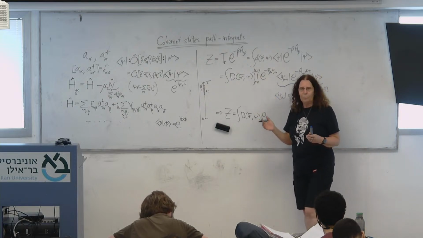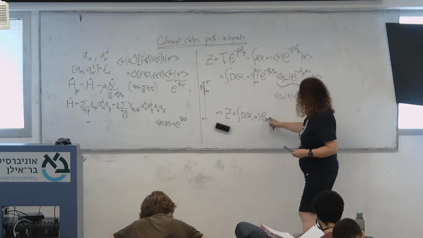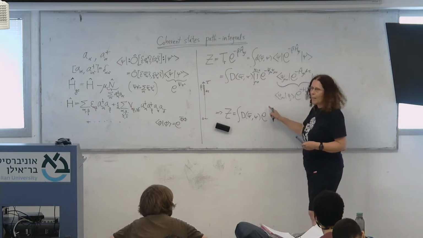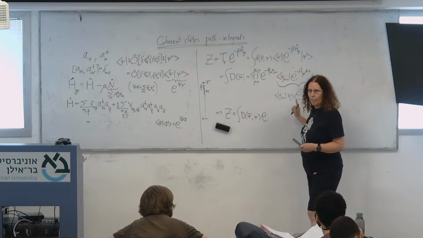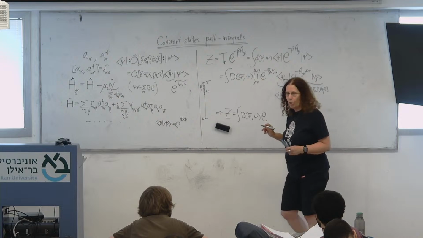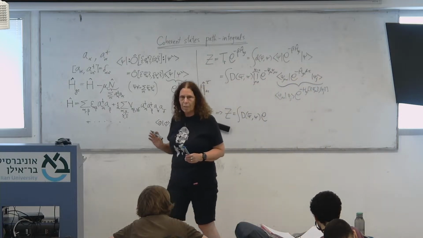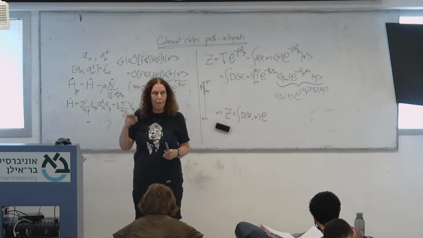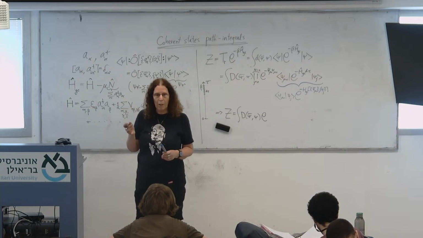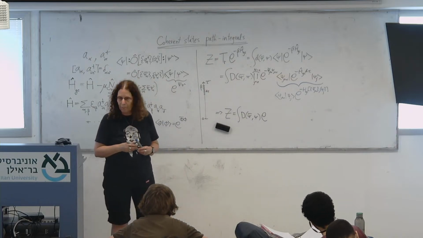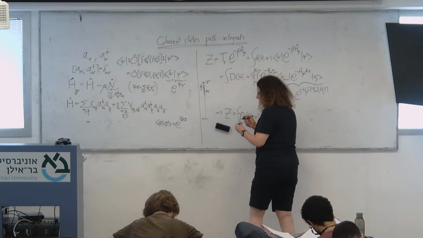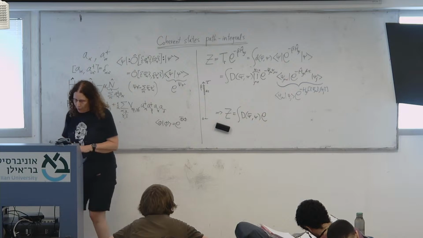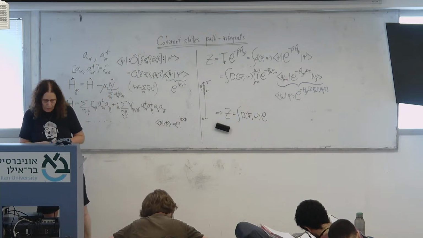Therefore I can write it as an exponential of a sum over j of all these contributions, right? And I'm allowed to do it because they are no longer operators, they are numbers. So e to the a times e to the b is e to the a plus b. Okay, so let's write down the final expression that I get here.